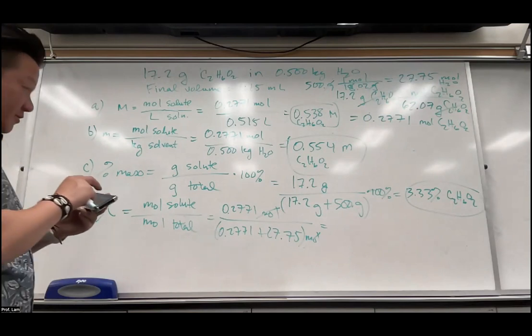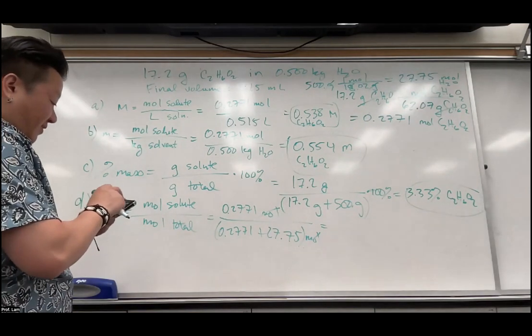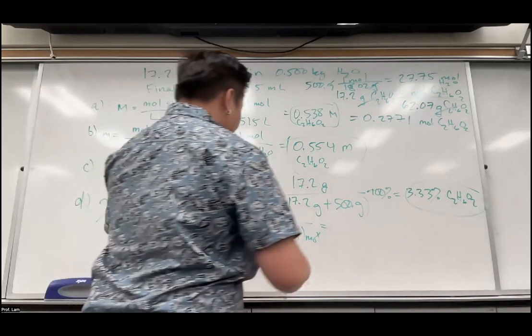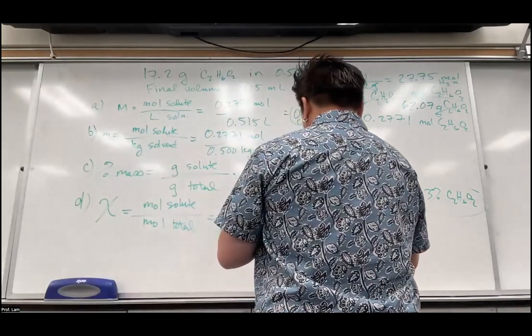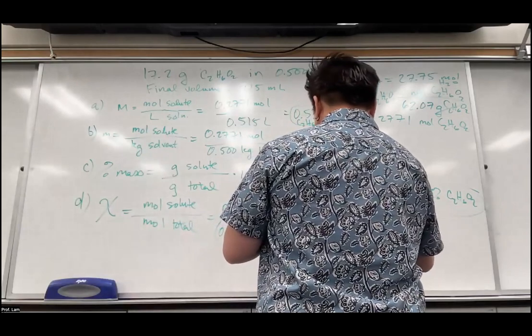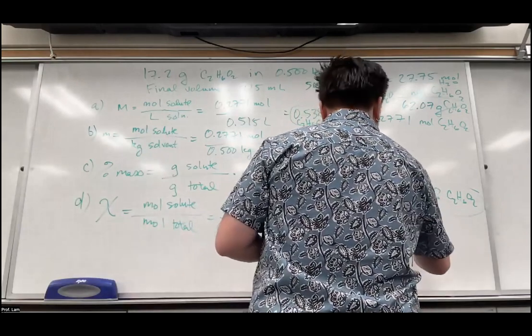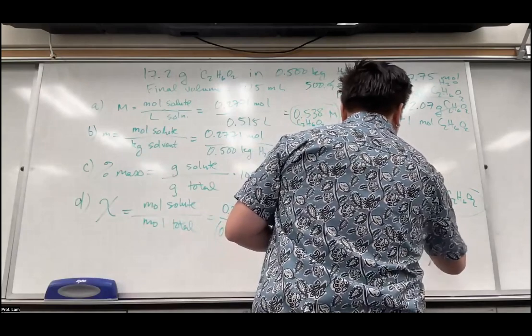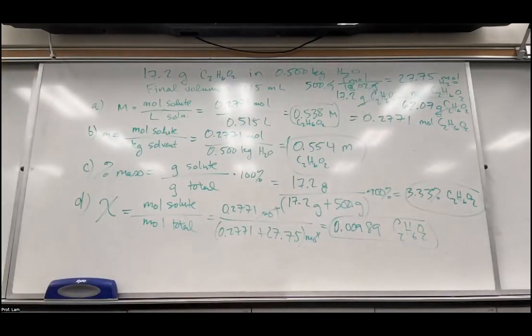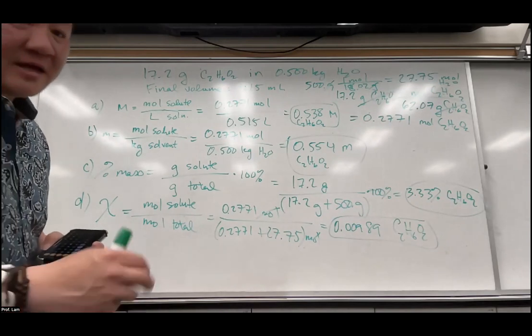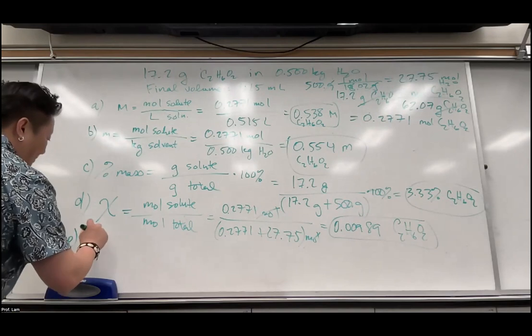All right, so 0.2771 divided by the total gives 0.00989 C2H6O2. So that's the mole fraction. And then lastly, it wants the mole percent.